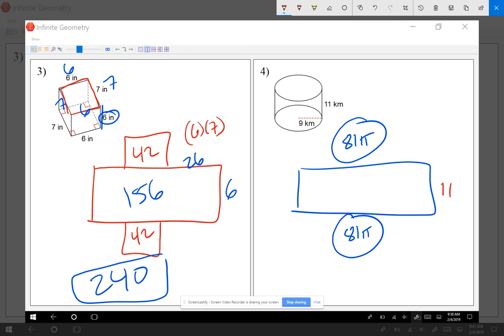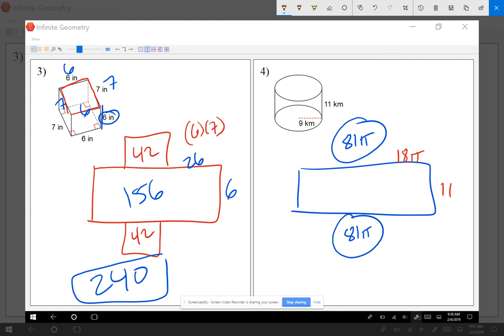For the long side of the rectangle, the distance around the circles, we call this circumference for perimeter. My radius is 9, so the long side is going to be 18 pi because I go radius times 2.